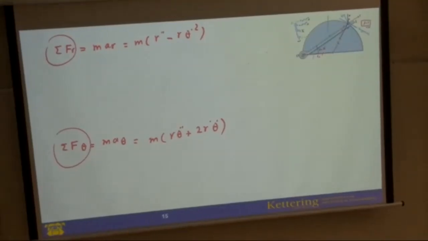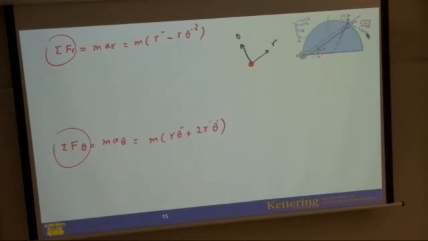Now, along the R, if this is the ball I just mentioned, and this is R, this is theta. In one graph, I want to show the forces along the R. In one graph, I want to show the forces along the theta.